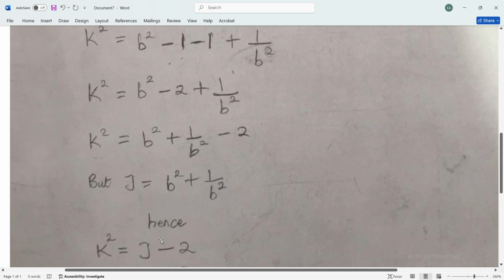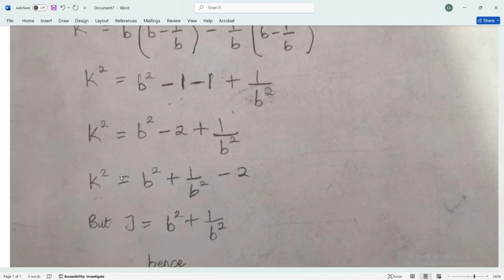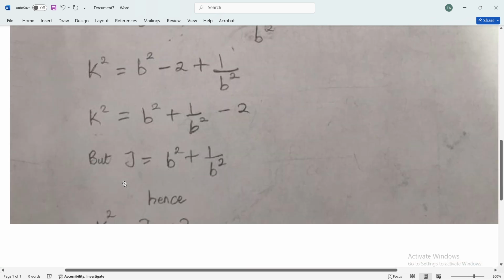So hence, moving negative 2 across the equal to sign to join k squared, the negative 2 will become positive. So we are going to have k squared plus 2 equals b squared plus the fraction 1 over b squared, which is j, right?